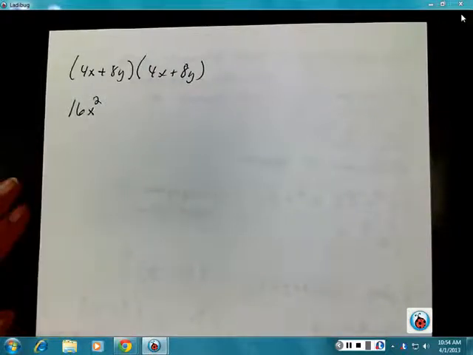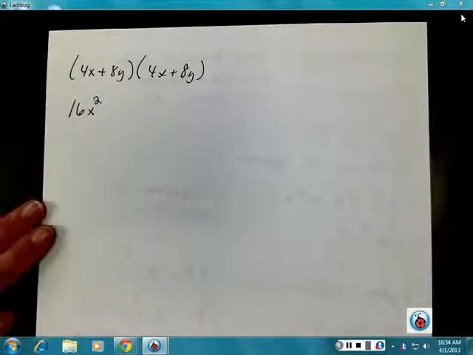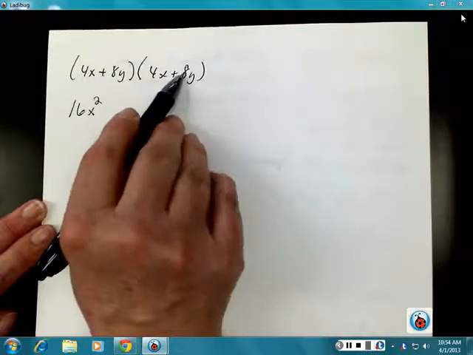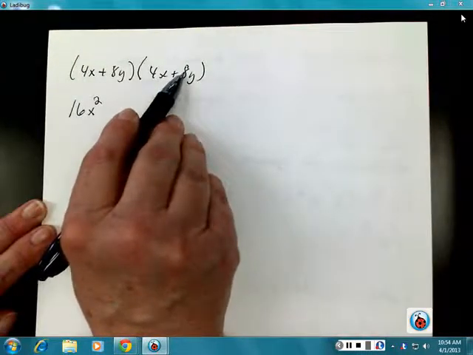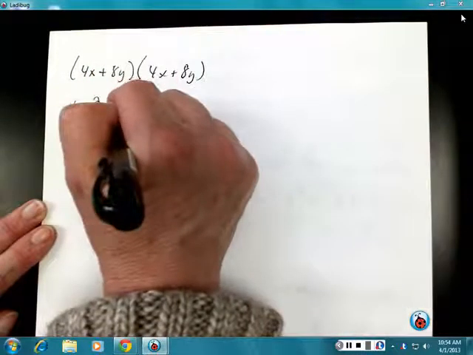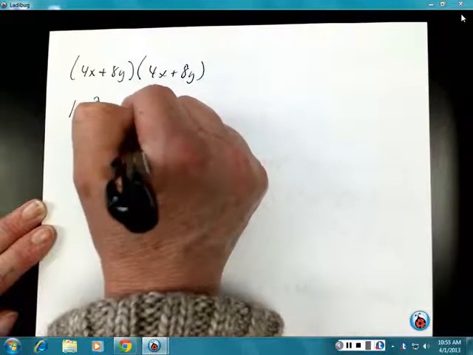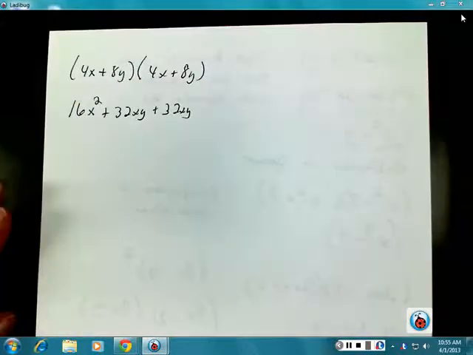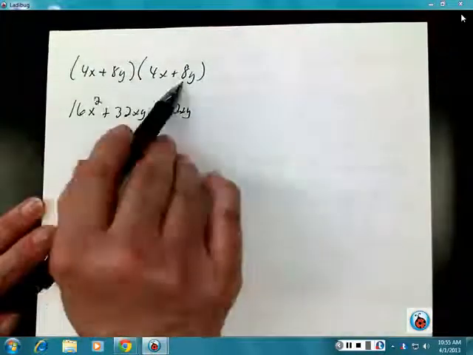Plus, no, 2 times 8y times 4x, because you've got a and b. So 4 times 8 is 32, times 2, plus 64xy, if you do it separately, right? Yes, because I got the same thing here as I got out there.